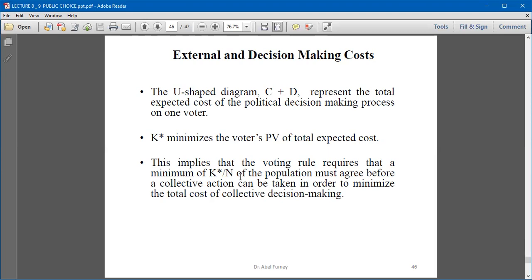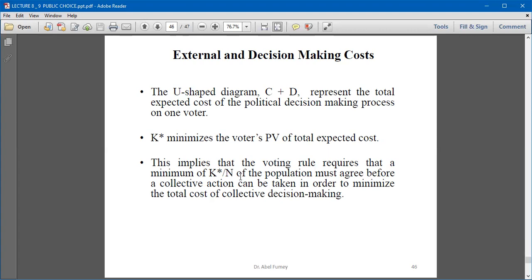What this means is that any voting rule will need a minimum of K star over N of the entire population to agree before a collective action or decision can be taken, so that they can minimize the total cost of collective decision making. So we need at least K star out of the total population. When you have more than K star, you will be increasing the external cost.